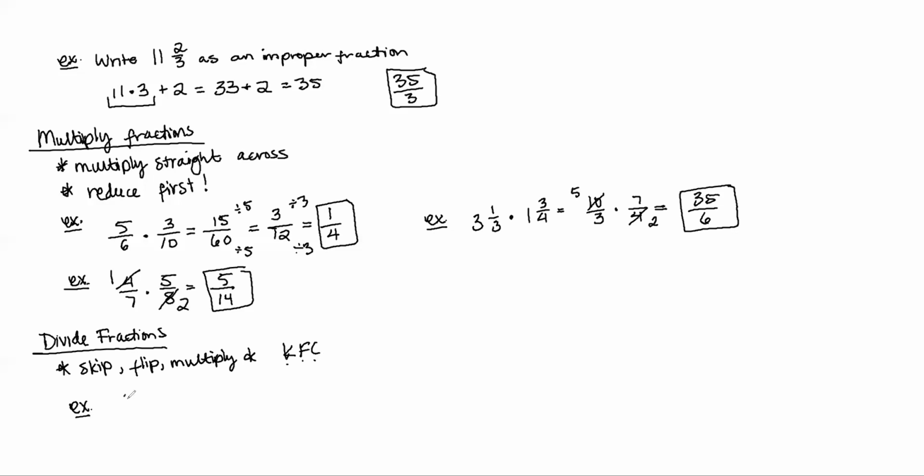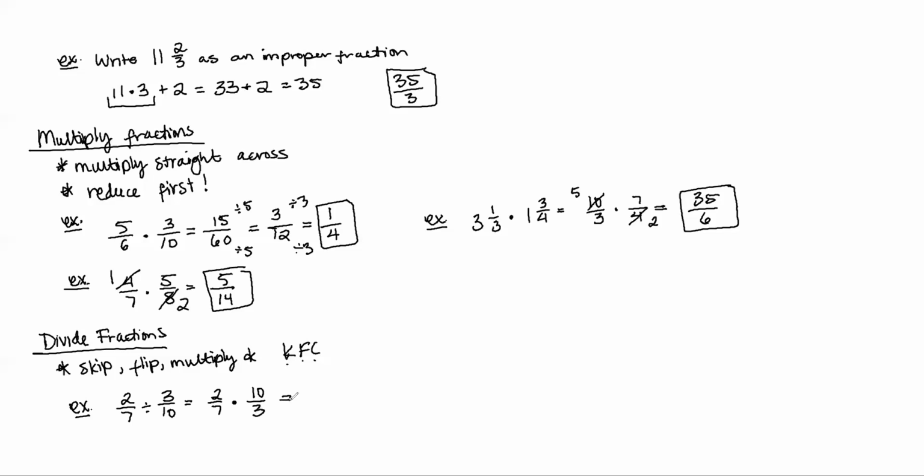So let's go ahead and divide 2/7 by 3/10. So first thing we want to do before we start reducing or doing anything, we're going to keep, flip, change, or skip, flip, multiply. So I'm going to keep the first fraction, change this to multiplication, and then flip this one. So we have 2/7 times 10/3.